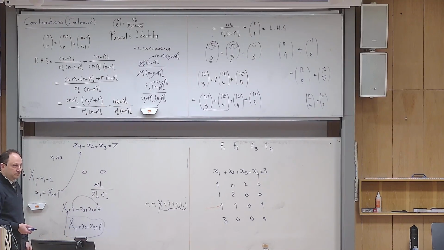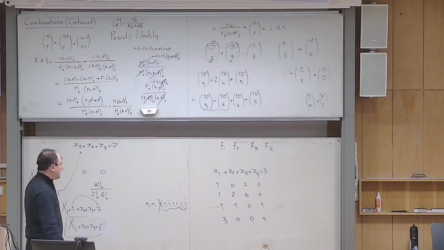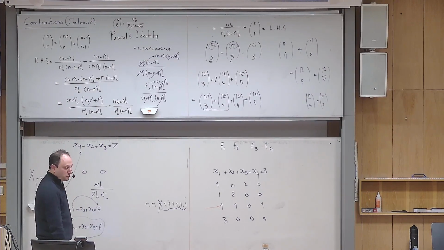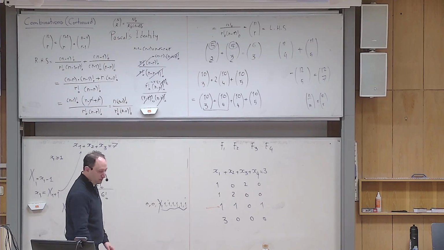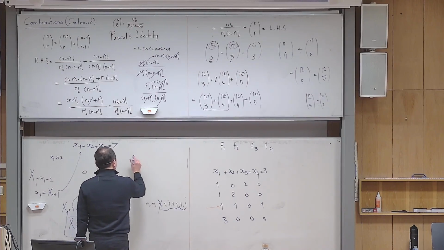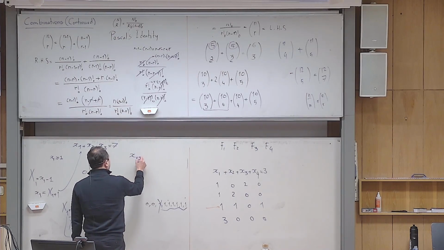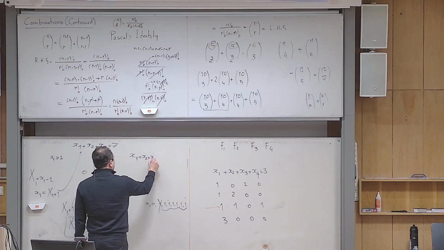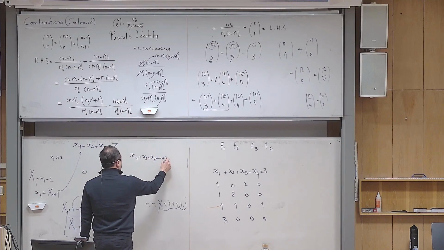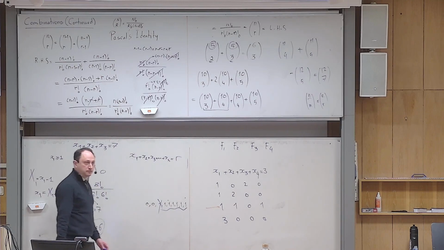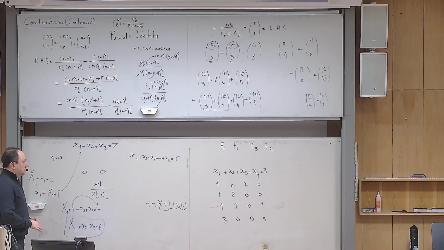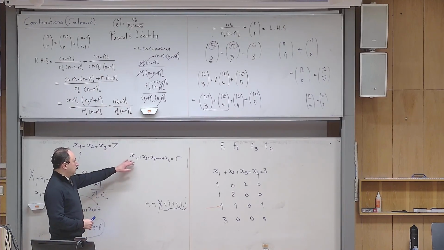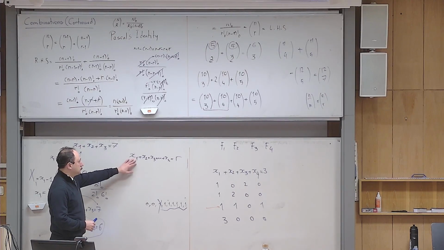Okay? Is that clear? Okay, now I want to test your understanding. Can you give me the formula for this problem? Let us assume that I have n variables and r at the end. Can you tell me what will be the general formula for the number of non-negative integer solutions to this equation?